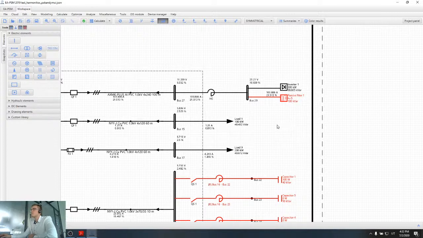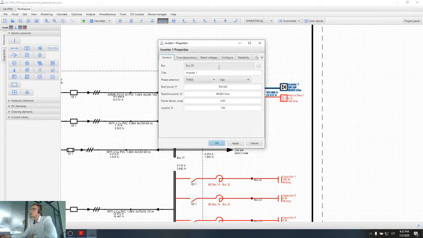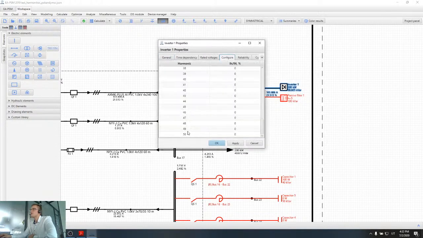So for power network analysis, the IEEE 519 standard still doesn't have this requirement. But if you want to calculate high frequency harmonics with our software in a power network, we can add the additional number of harmonics that can be specified, so it's not a problem.